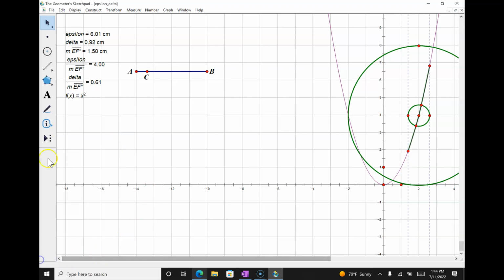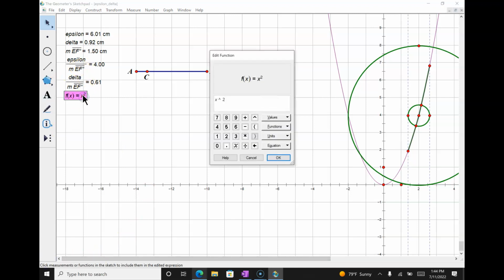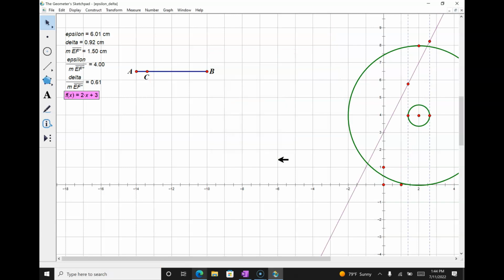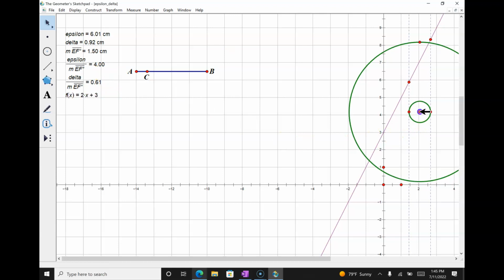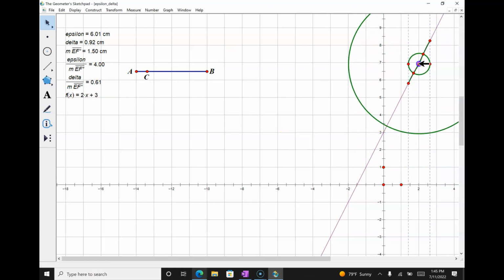Where is my function? Oh, there it is. To 2x plus 3. And I'm interested in my center to be at 2, 7, right?